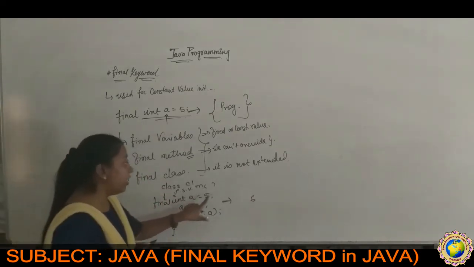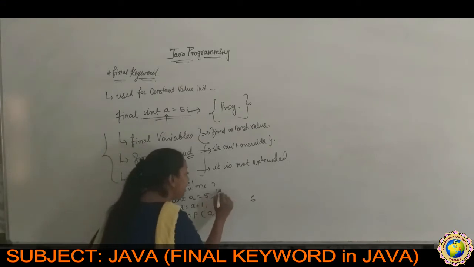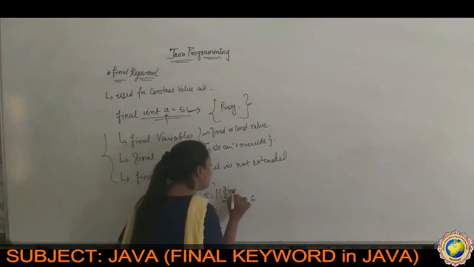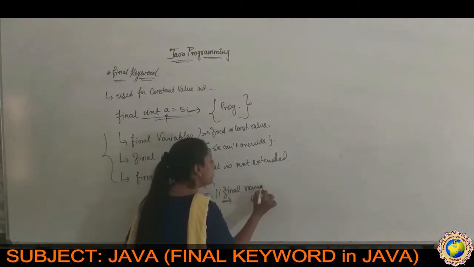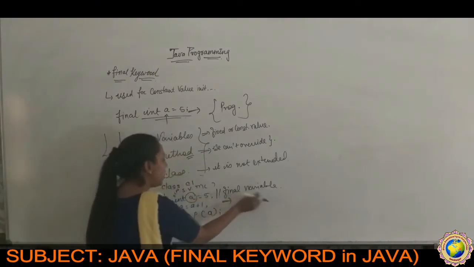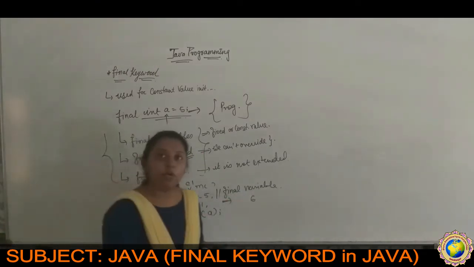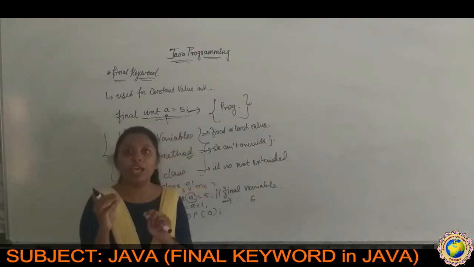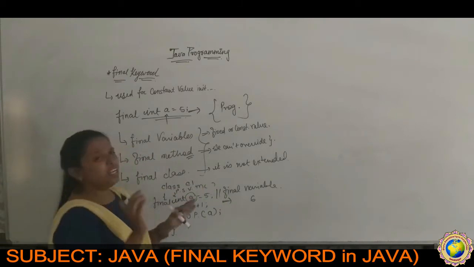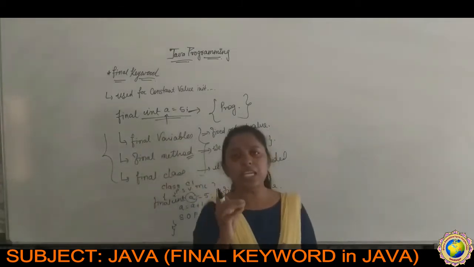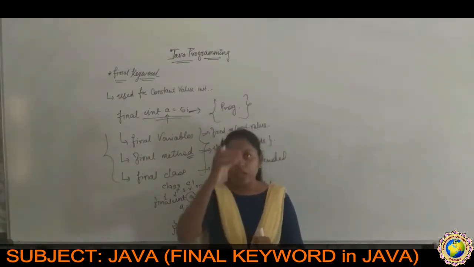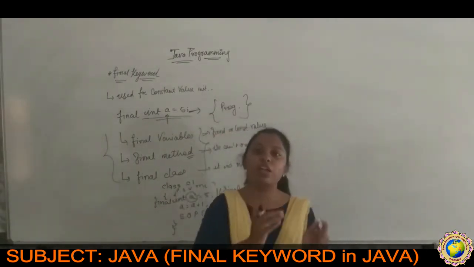But whenever we initialize final int a = 5, we consider variable a as a final variable. Once the final variable is initialized, the value of a will never be changed in the whole program. So why are we using the final keyword? See the value of pi, that is 3.14. In the whole program we have to consider only that value of pi.